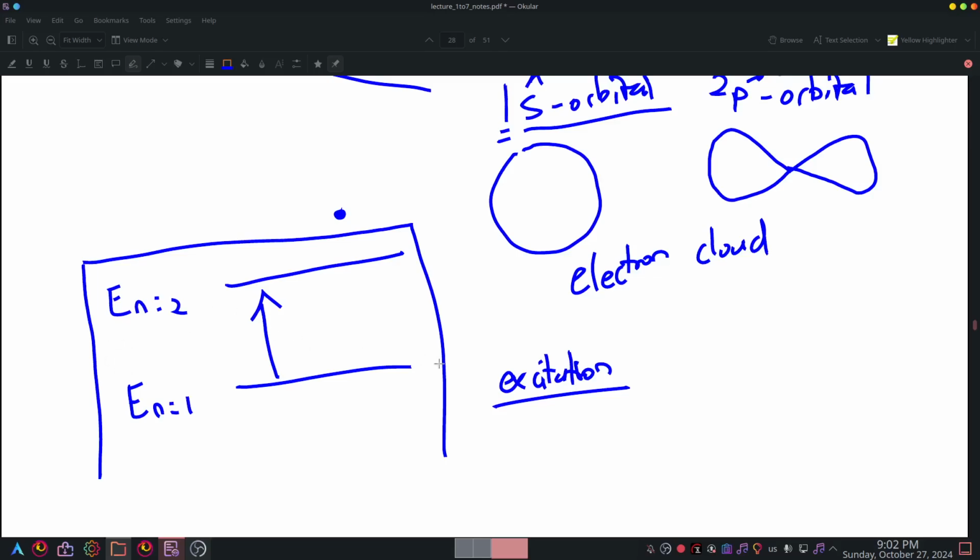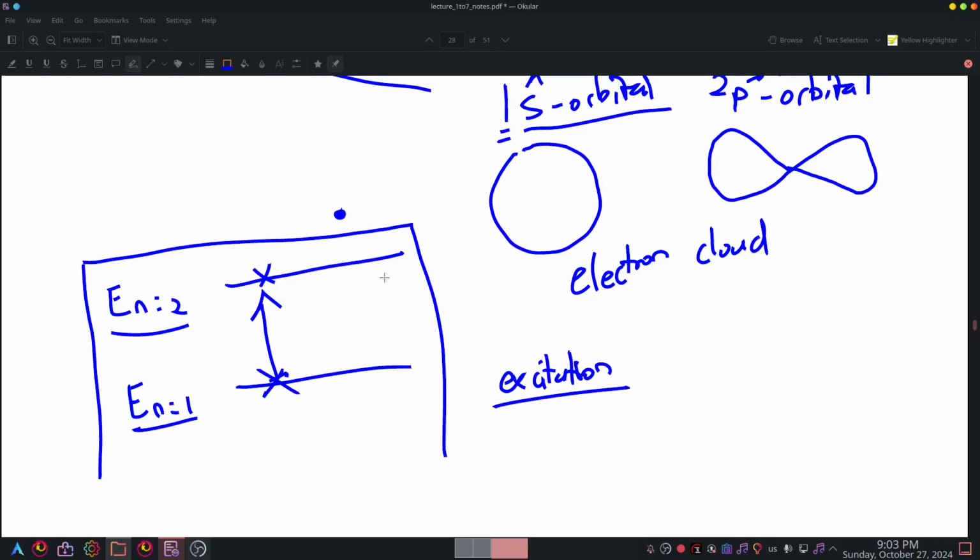Of course, your energy supply must be greater or equal to, ideally equal to, this amount right here, to excite it from n equals 1 to n equals 2. So the electron was basically here at this energy level. Supplying energy would change the shape of the electron wave and promote it to another energy level right here. So this is the n number.